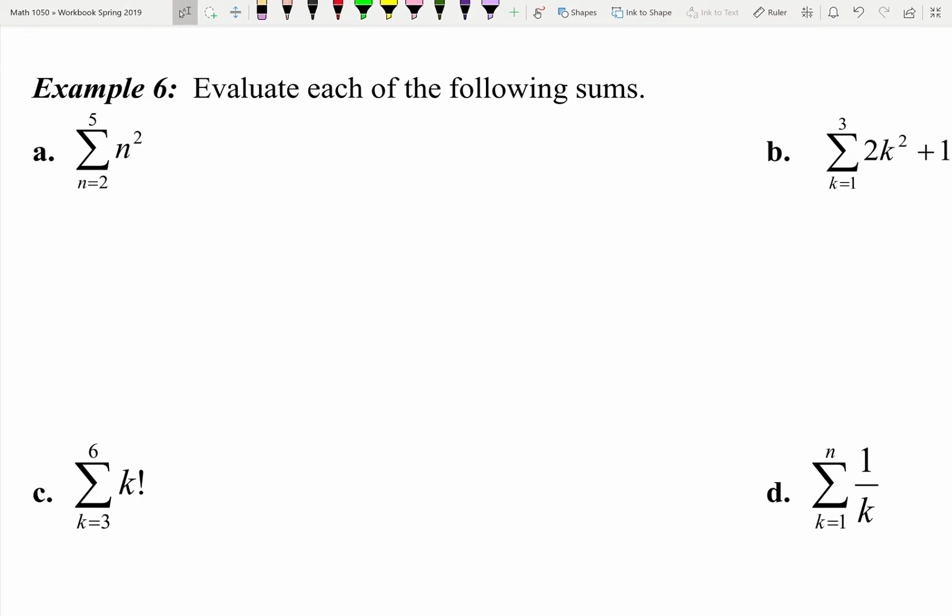So it's super easy. First you start with n is 2. That's 2 squared. Then you add that to the next one, which is n equals 3, so that's 3 squared. Then n is 4. That's 4 squared. Then n is 5. That's 5 squared. Just grab your calculator. That just means 4 plus 9 plus 16 plus 25, which gives me 54, and I'm done. That's it.